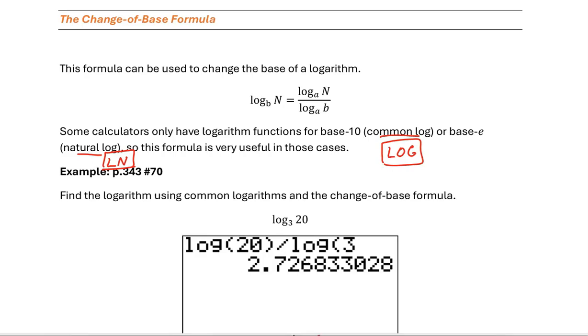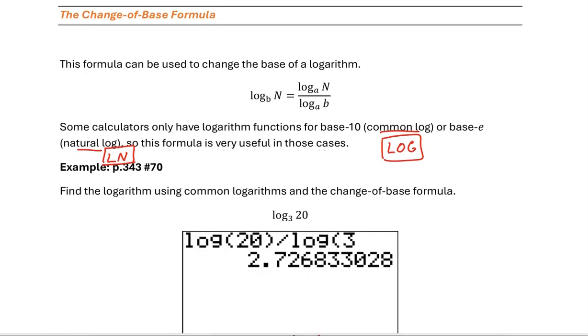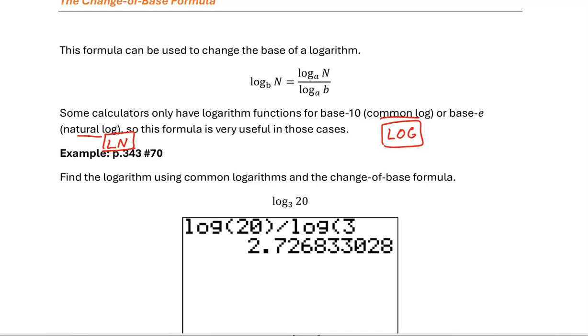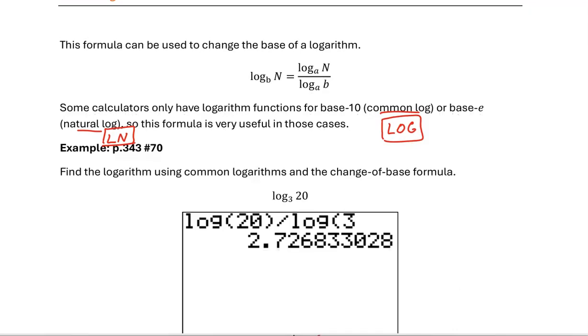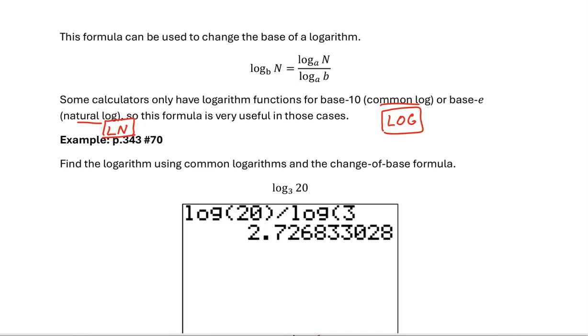You don't have a button that you can say, what's log base 2 of 20? Or in the example for number 70, log base 3 of 20. You don't have a button for that. So in that case, you need to change the base number to either 10 or e so that your calculator can perform the calculation for you.